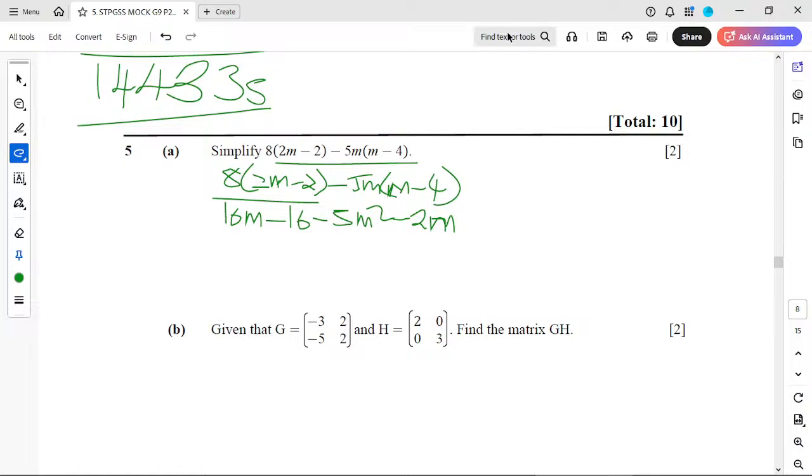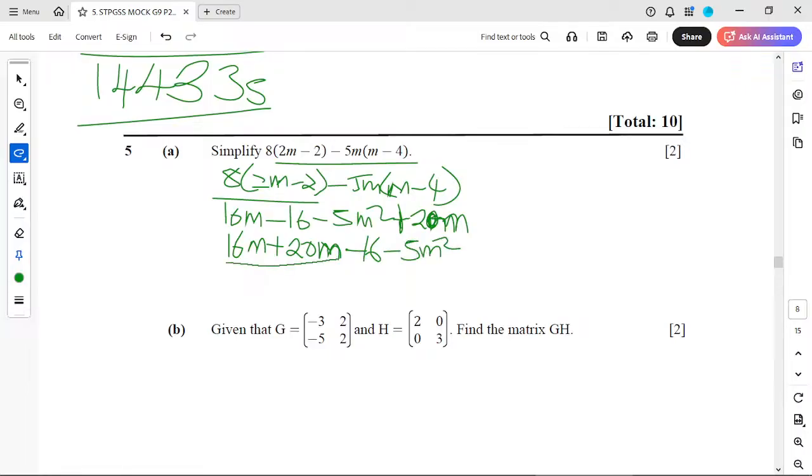Okay, now after we've done that with 20m closer to 16m, so we are putting like terms together. Then we have minus 16, then minus 5m squared.